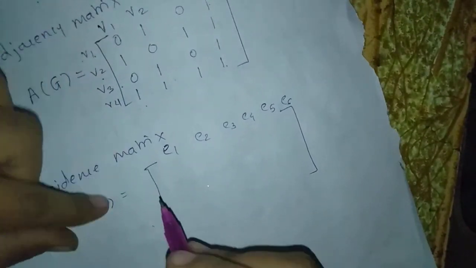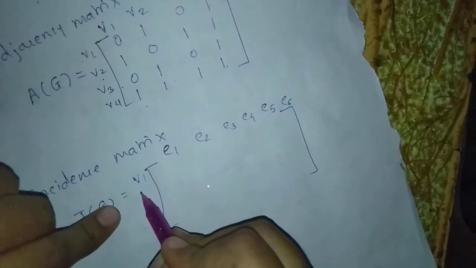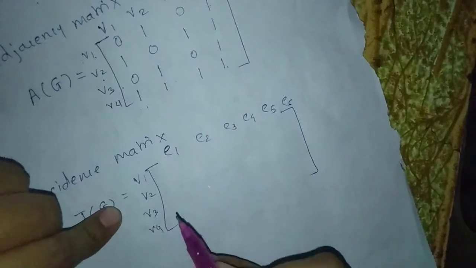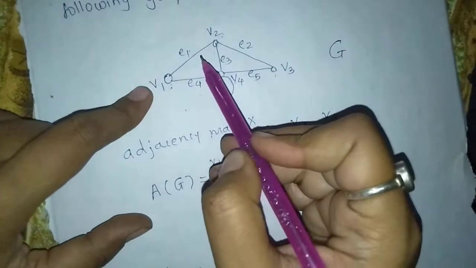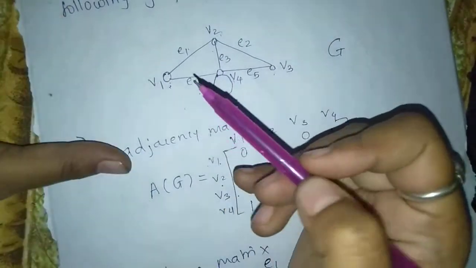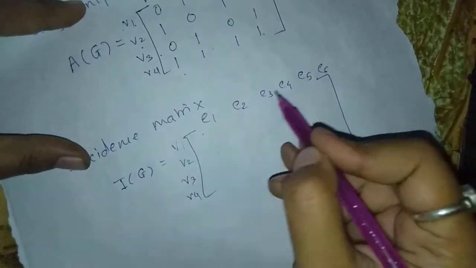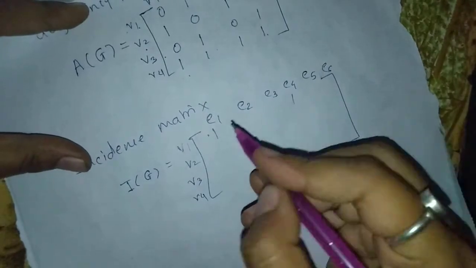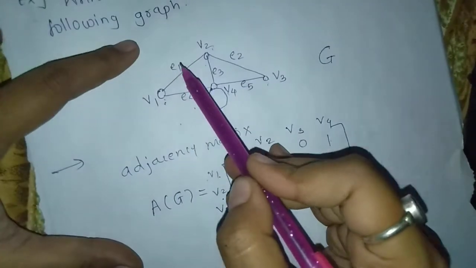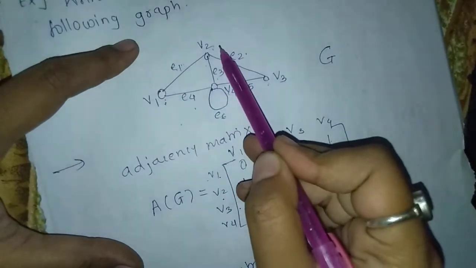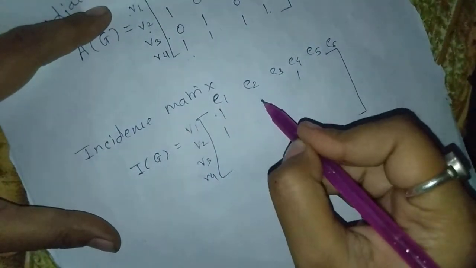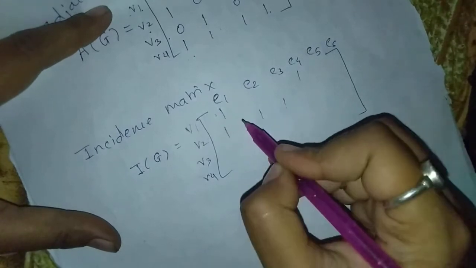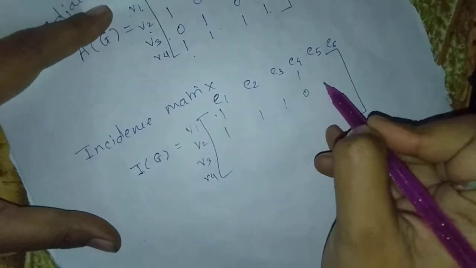And here write down the vertices V1, V2, V3, V4. E1 and E4 are incident on V1, so write 1, 1 for E1, E4. Next, E1, E2, E3 are incident on V2. Other entries become 0.